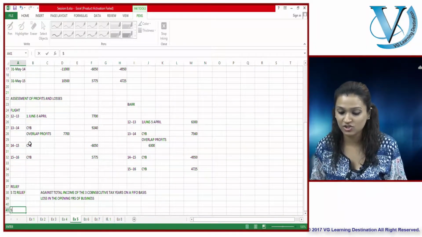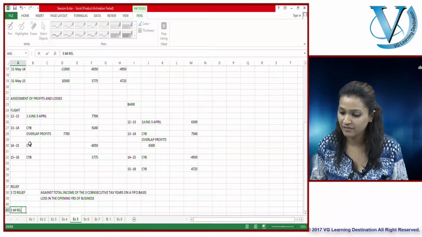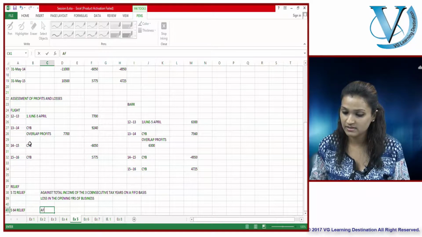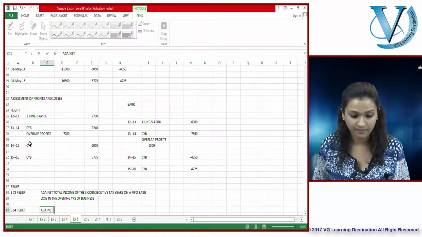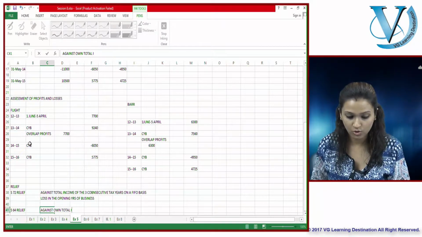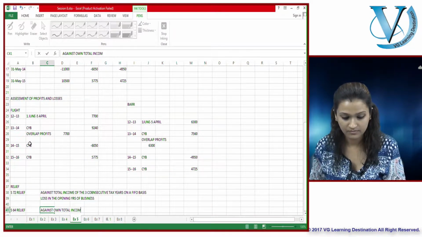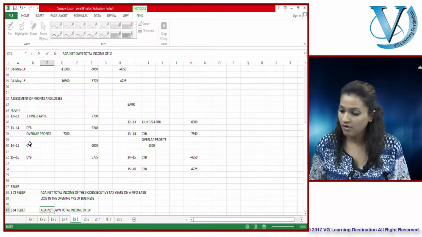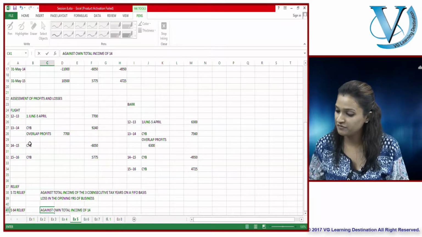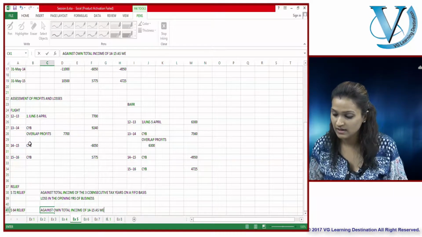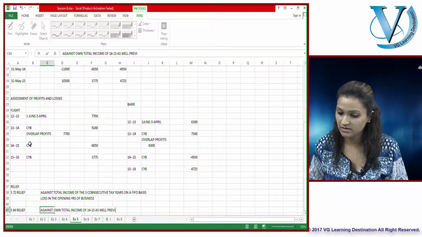Also available section 64 relief, which is what? Which is against the total income of 14-15 as well as previous year.